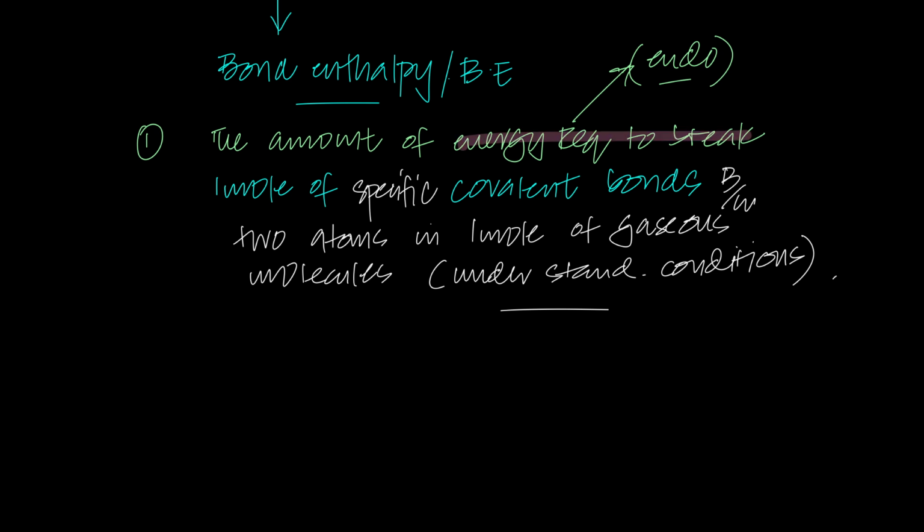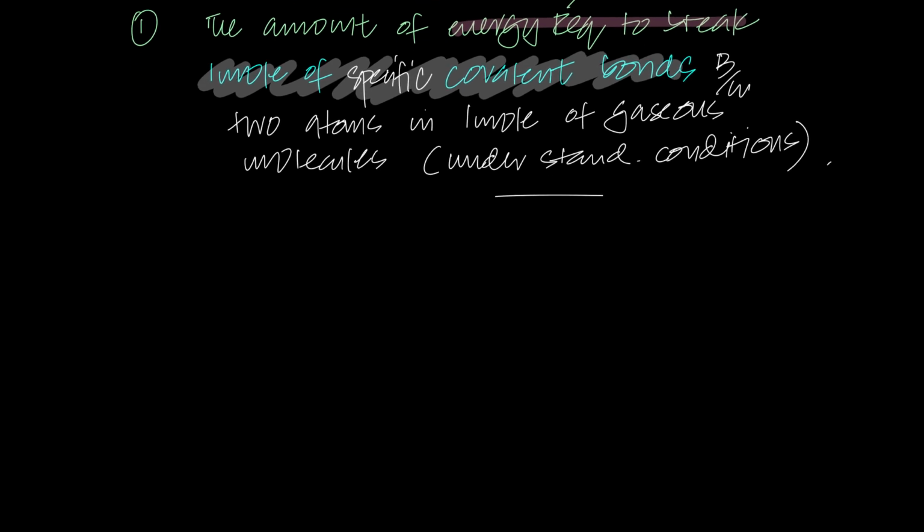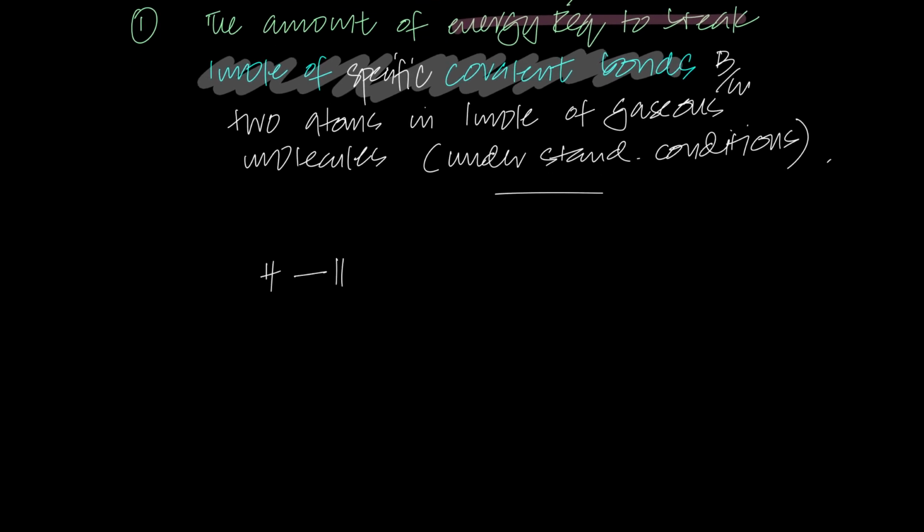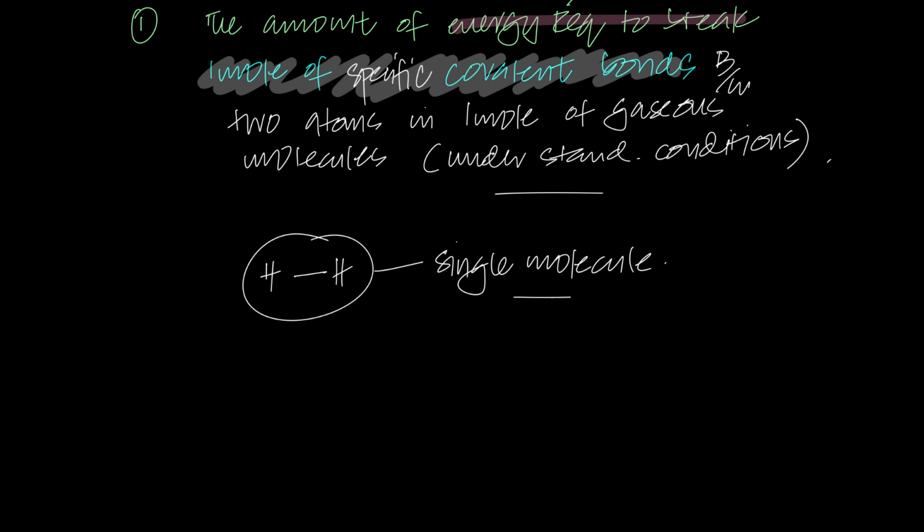But what do we mean by 1 mole of a specific covalent bond? Why 1 mole? Please understand that in labs, when we talk about hydrogen bonded to a hydrogen, we don't talk about a single molecule. We never define things from the perspective of a single molecule, because playing around with a single molecule in the chemistry laboratories is near to impossible for our school labs.